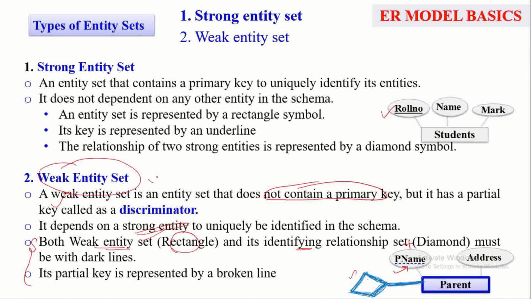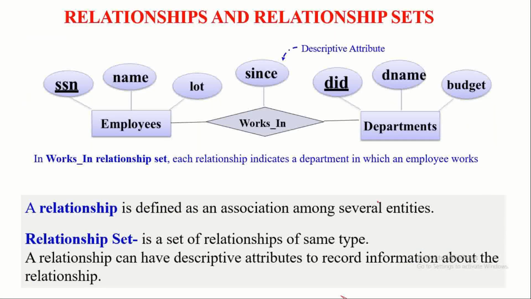Let's now discuss another important component of the ER model: relationships and relationship sets. A relationship is defined as an association between several entities. In the works in relationship set, each relationship indicates a department in which an employee works.